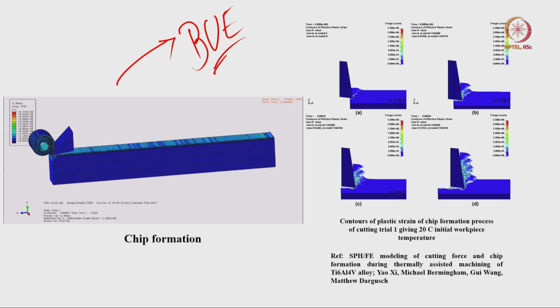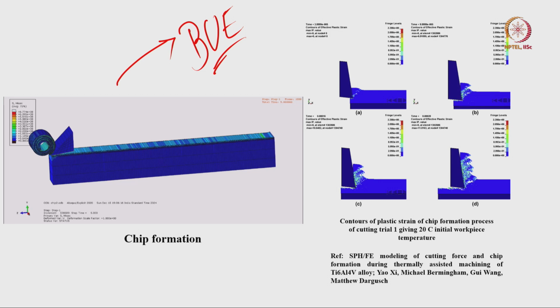Okay. So, this is a typical example of a finite element based process model that can be utilized effectively for simulating the machining process. Here you can see the contours of plastic strain of the chip formation process, the stress state experienced not only by the workpiece, but also the strains experienced by the chip generated from this machining process.